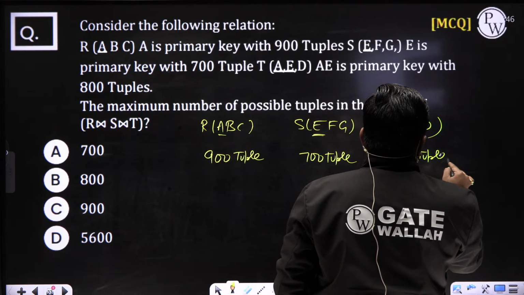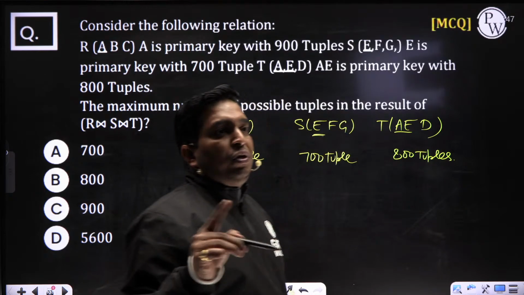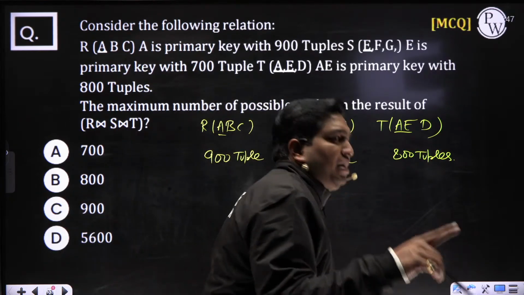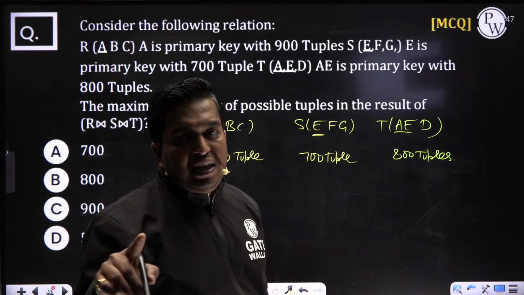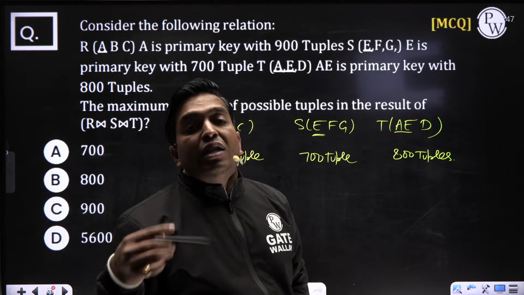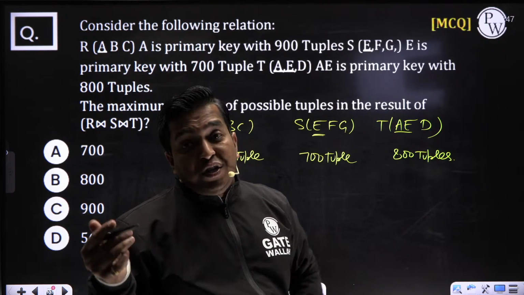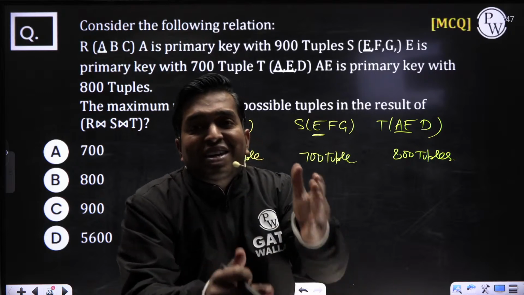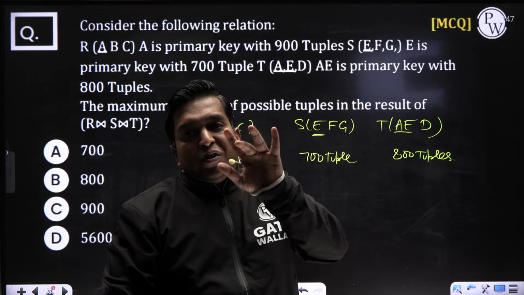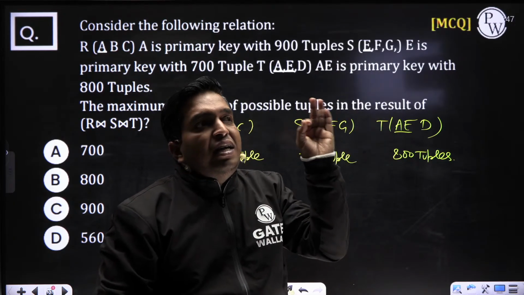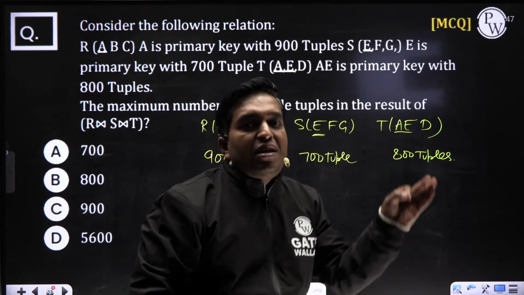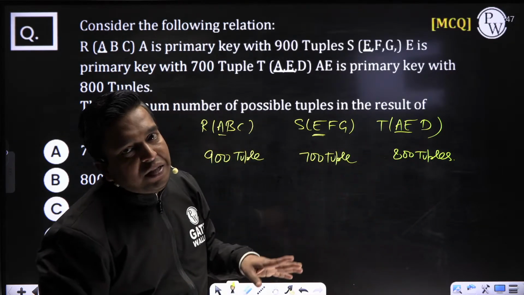So you know one point: whenever two tables are joined with respect to primary key and foreign key, with a natural join, then the number of tuples in the resulting relation is equal to the number of tuples in the table with the foreign key.